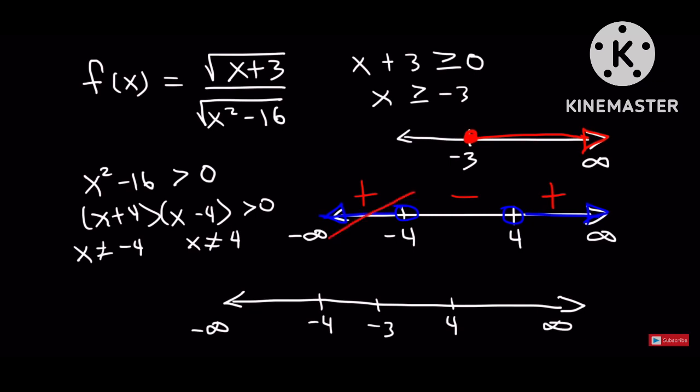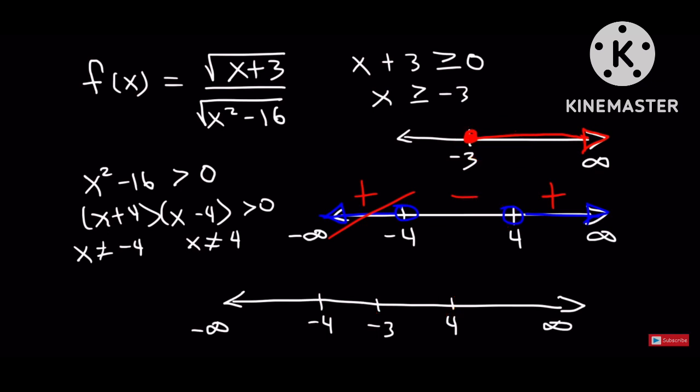So this is going to be irrelevant because it's true for the second part, but it doesn't work for the first one. Now, we're not going to have anything between -3 and 4. Even though it works for the first one, it doesn't work for the second one.